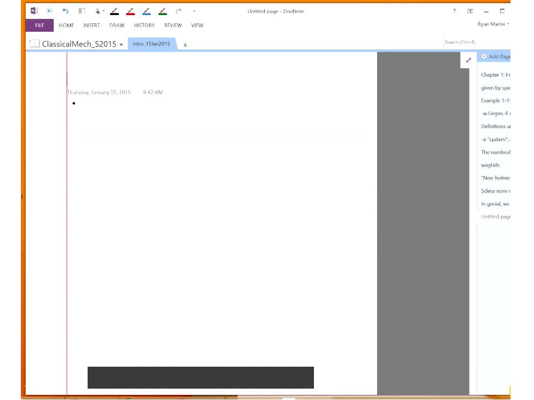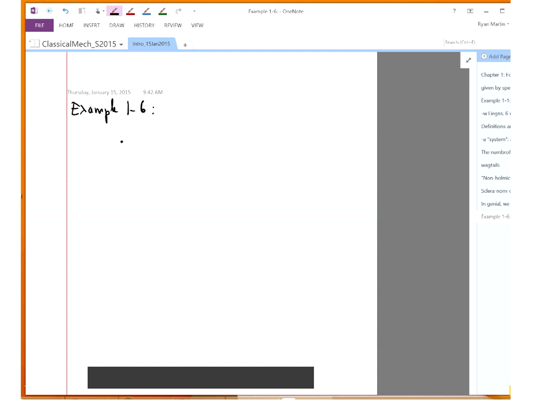So let's do an example. This is example 1.6. We're going to write out the generalized coordinates to describe the motion of a bead of mass m that's constrained to slide along a massless rod of length L that is rotating at a constant angular frequency omega.